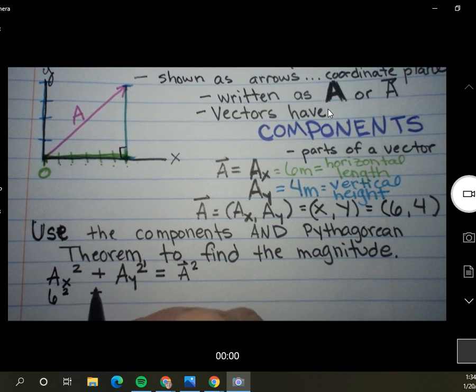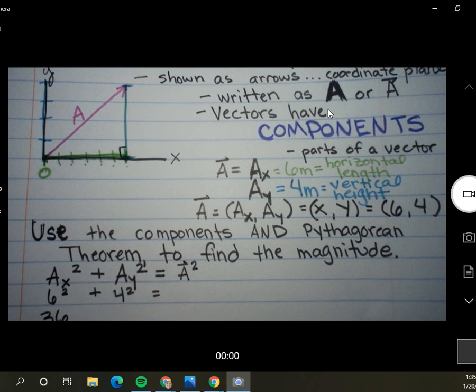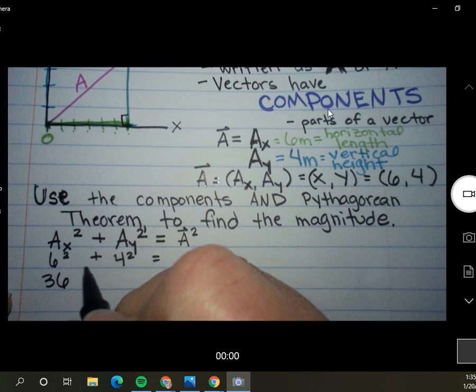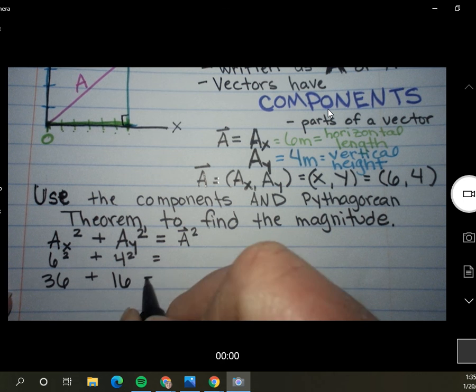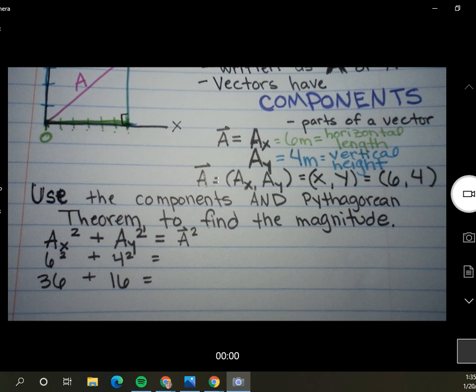Okay, so we're just going to plug them in. 6 squared plus 4 squared equals what I'm trying to find. 36 plus 16 equals, well, let's pull out a calculator and do this math. 36 plus 16 equals 52.